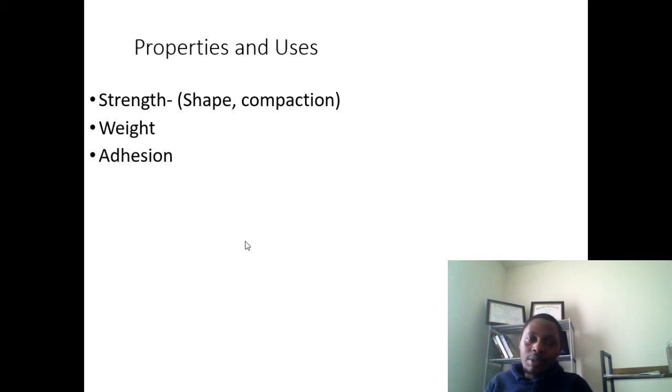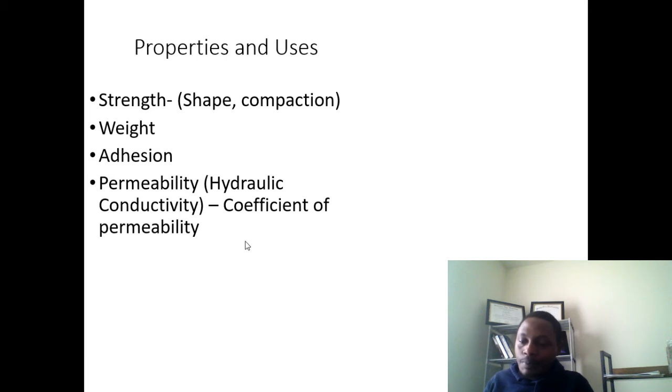So adhesion is another term or another property of material. First, note how to define adhesion and how it is important that you know that material property. Okay. Another property is permeability. Okay, which some people call hydraulic conductivity, and this explains the rate at which a material will allow water to penetrate through.